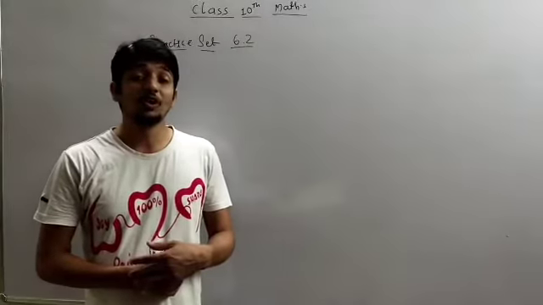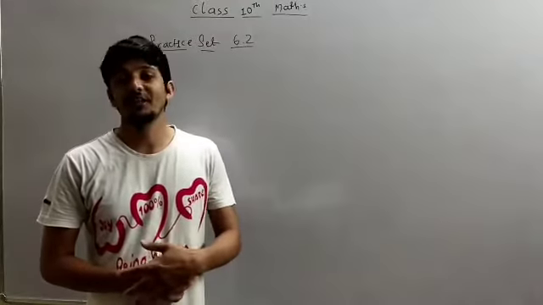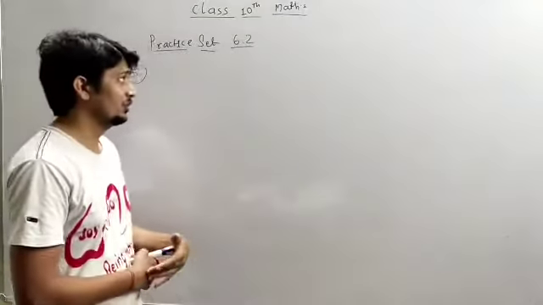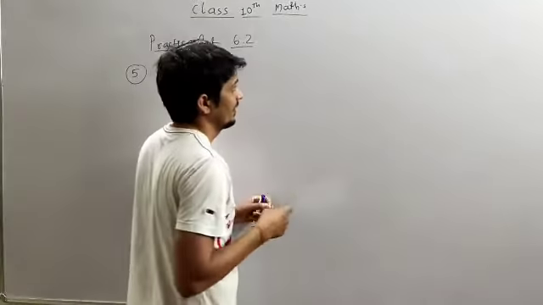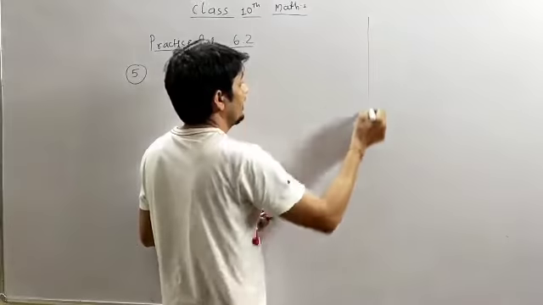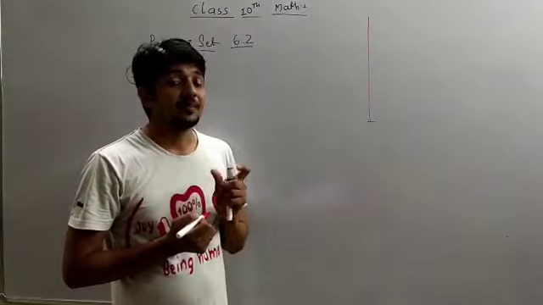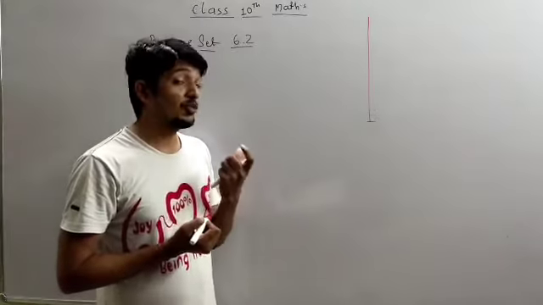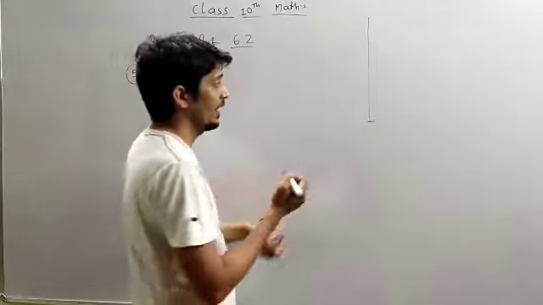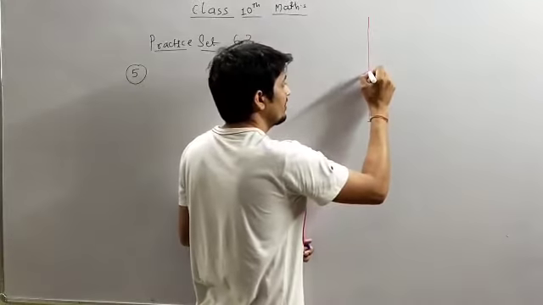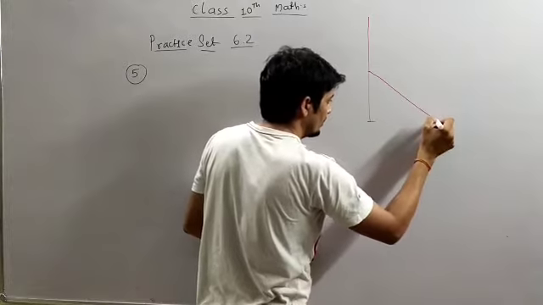So now we will solve the next question, and it is very interesting as well as important. The question says there was a tree. When a storm came, the storm broke the tree from here. So the storm broke the tree and this part of the tree falls on the ground.